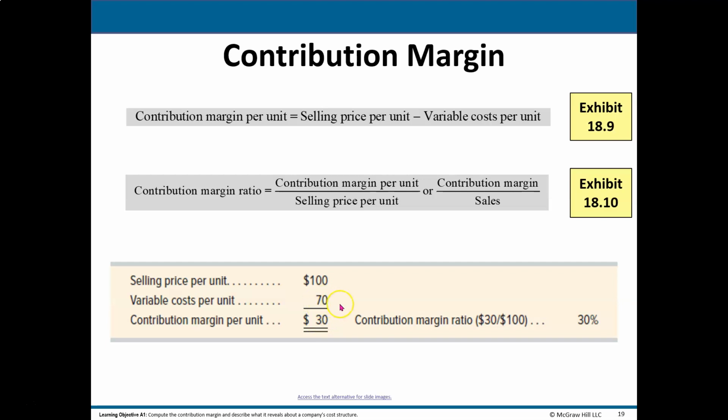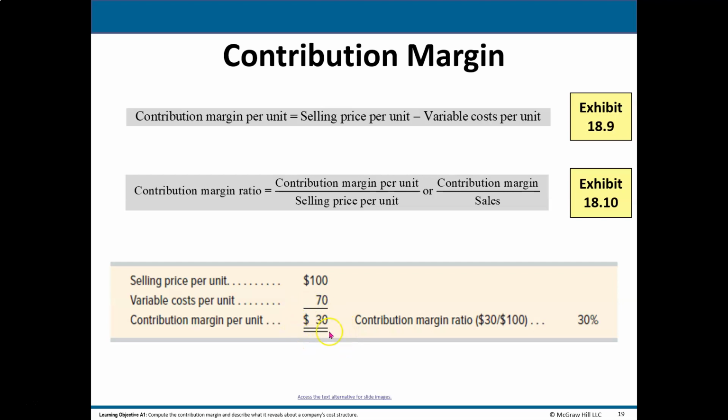Let's just pretend that my variable costs were $110 per unit. If I sell the football for $100 and the variable costs alone were $110, my contribution margin per unit would be what? A minus $10. So I'd be losing $10 on each sale without even taking into account my fixed costs.